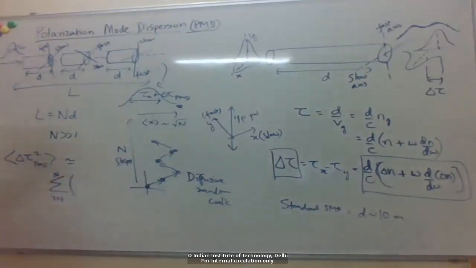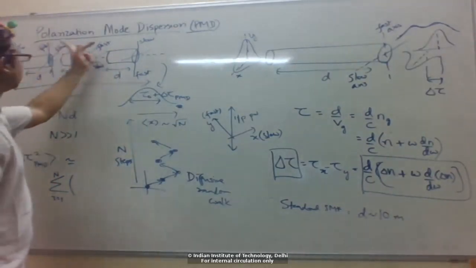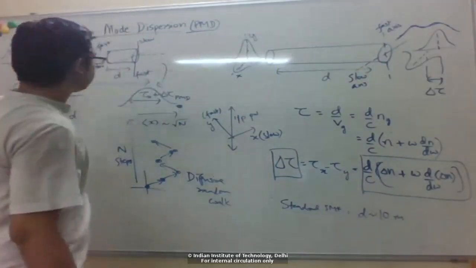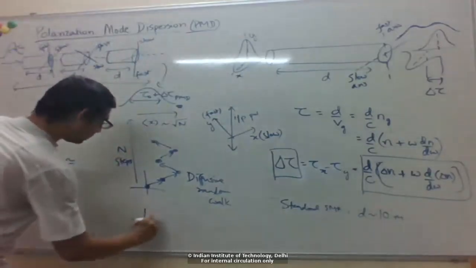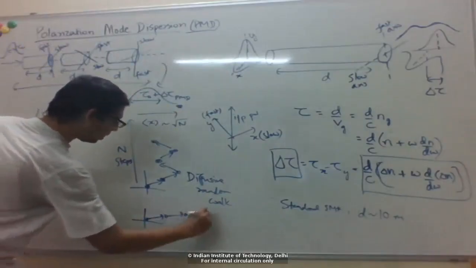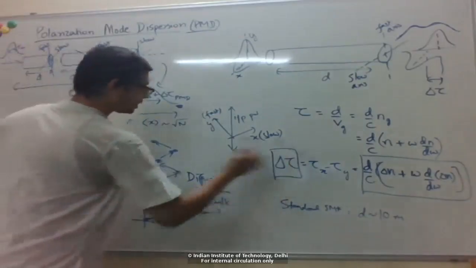Imagine if all the segments were the same, which means that the axes were in the same direction. That would be one fiber of the same birefringence everywhere. Then it will be a motion like this, always adding up in the same direction.